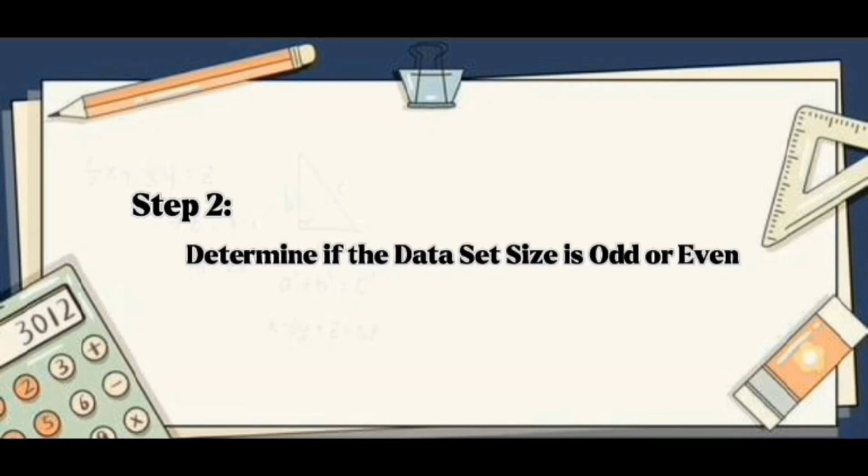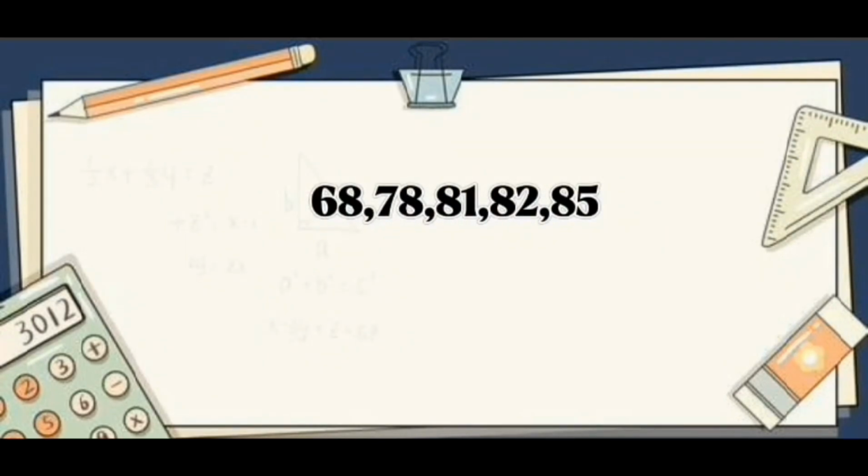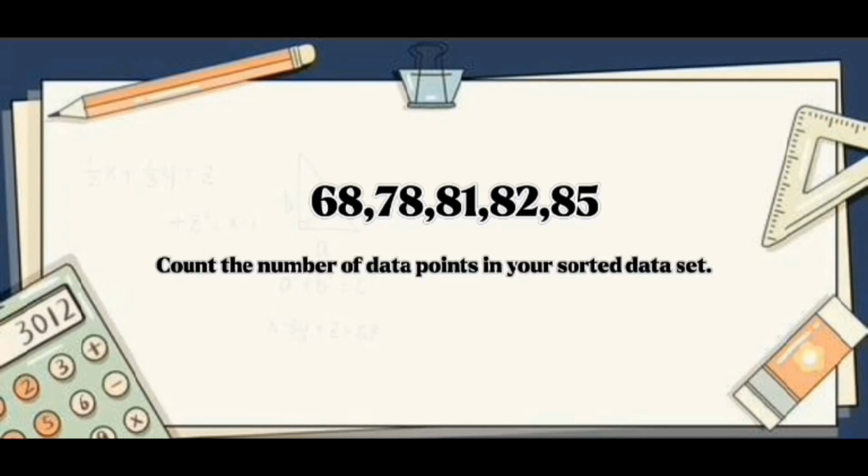Our second step is to determine if the dataset size is odd or even. According to our final dataset, our dataset size is an odd number. You can count the number of data points in your sorted dataset to determine if the dataset size is odd or even.